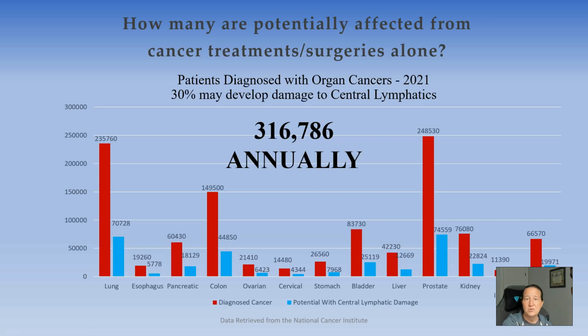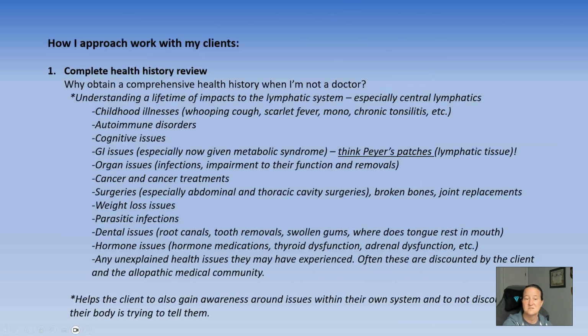And I'm not even including the population that would have any types of regular surgeries within the thoracic, abdominal, and pelvic region, like gallbladder surgery or things of that nature that we don't think of, but they should be encompassed as well. I've just highlighted cancer treatments and surgeries because that's what we're discussing a lot these days.